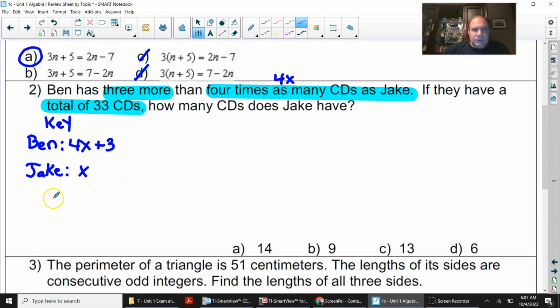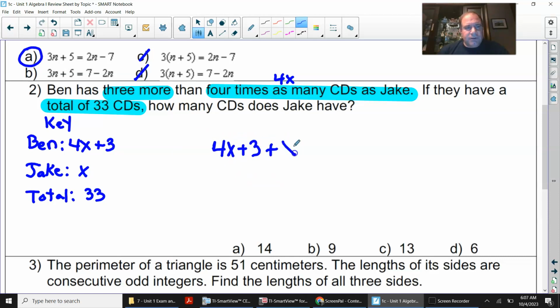So the total CDs is 33. So we have to set up an equation here and set them equal to 33, because altogether they have a total of 33. And that's the only way you're going to get the total, is to add them together.